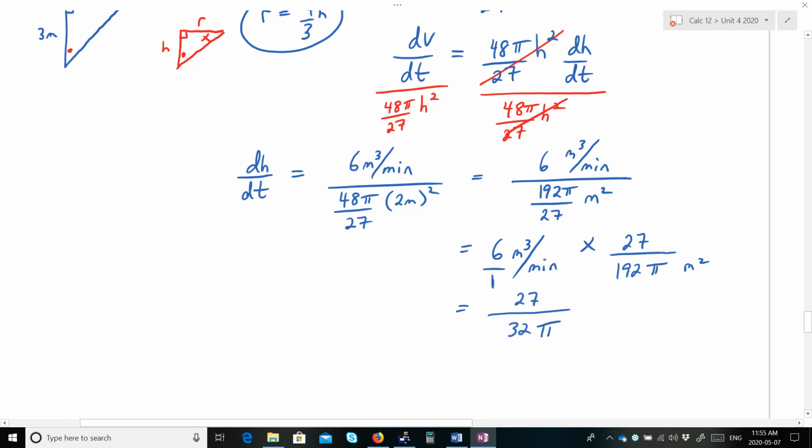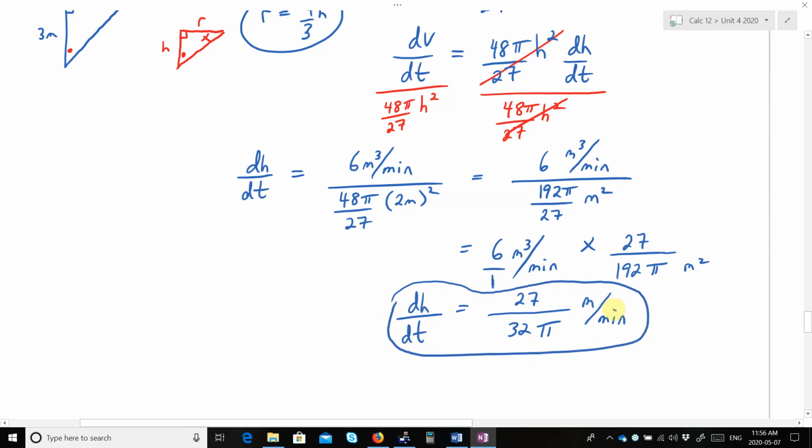And we still have that pi on the bottom. Okay, and meters cubed divided by meters squared is meters per minute. Okay, and that is the change in height with respect to time of the water in this conical reservoir.